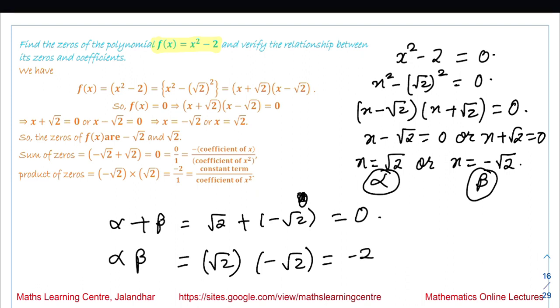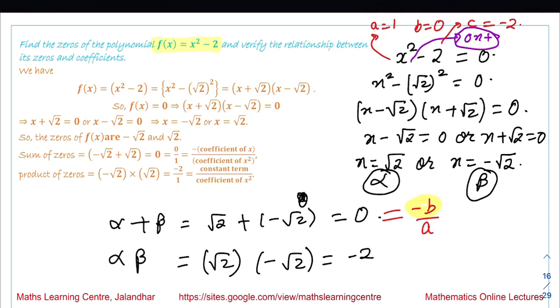Now if we look at this polynomial over here, we have the value of A equal to 1, B equal to 0, because there is no term over here. Over here we are saying it is 0x plus this. And the value of C that we have is minus 2. So we are saying this is equal to minus B by A. Minus B by A means the value of minus B is 0.